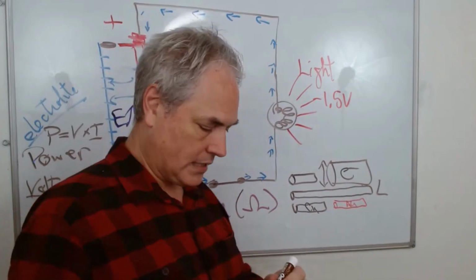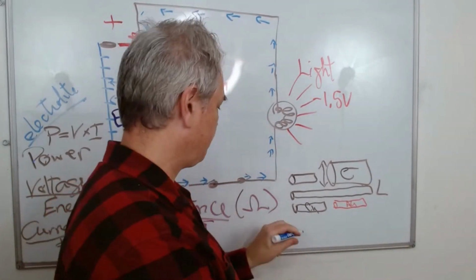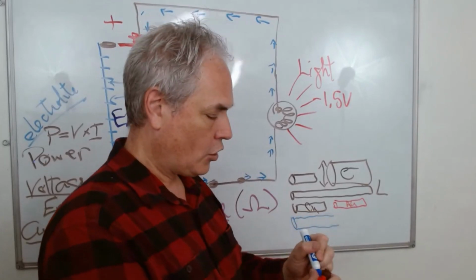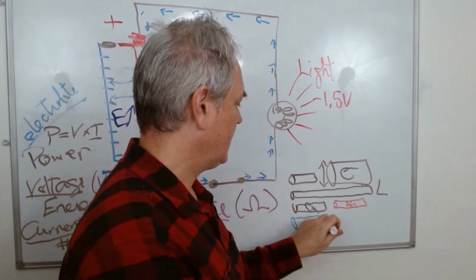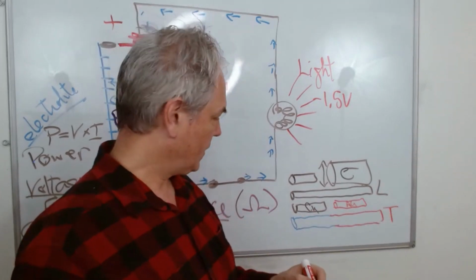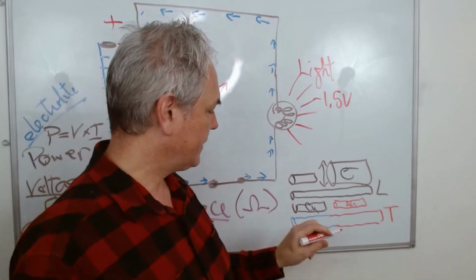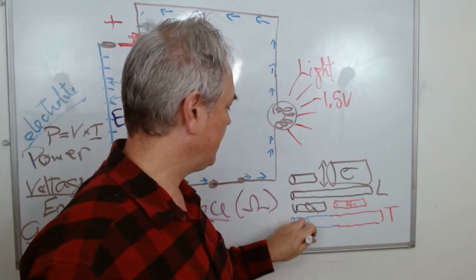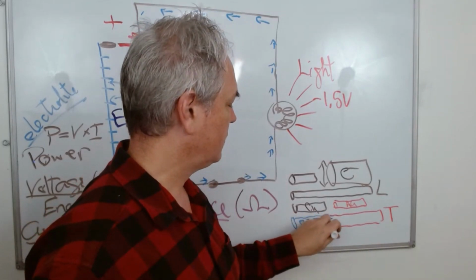And the other one here is temperature. If we have a wire that gets warmer, what happens? When it's cooler, we have many more electrons flowing.